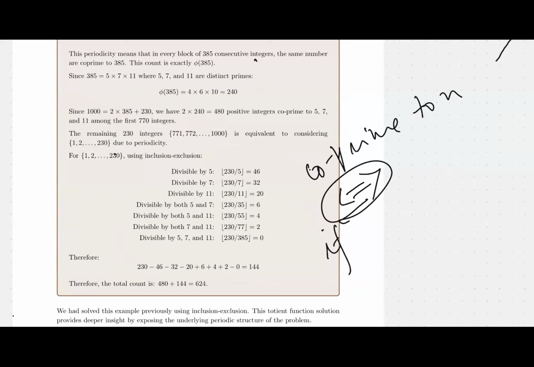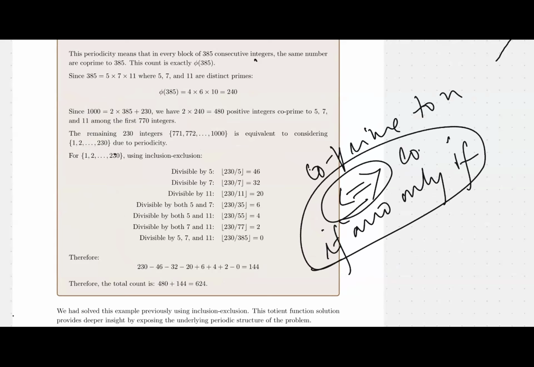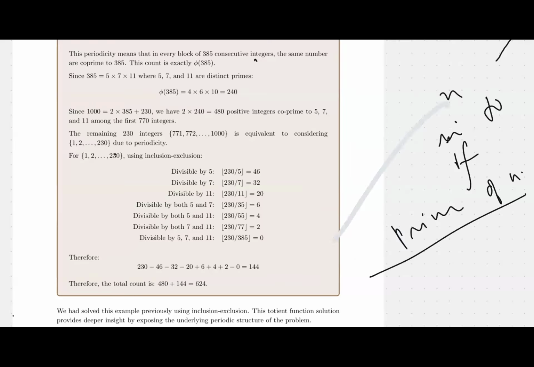So it is co-prime to n if and only if it is co-prime to all the prime divisors of n. And the second thing is cycle formation.